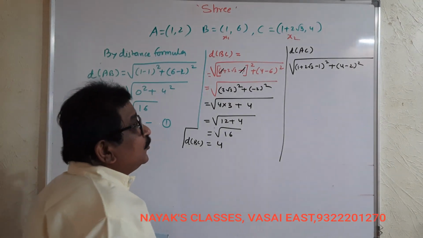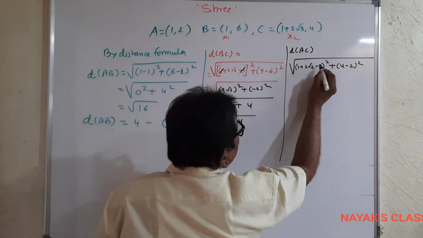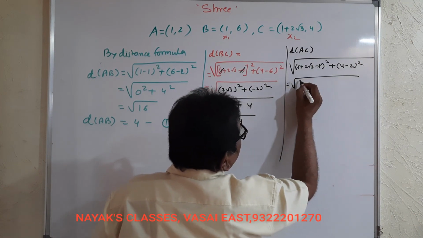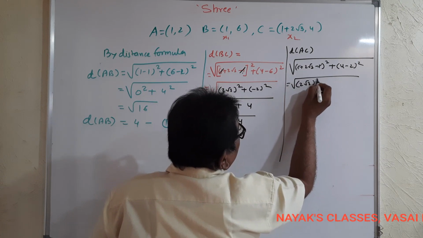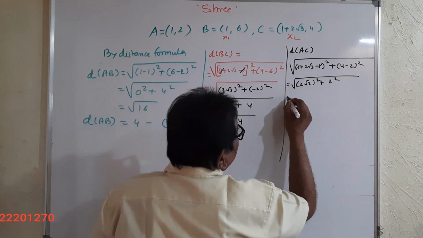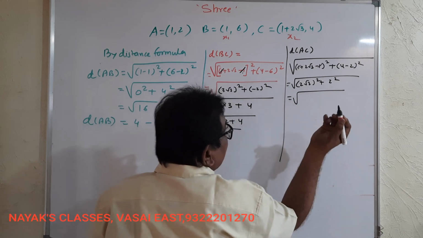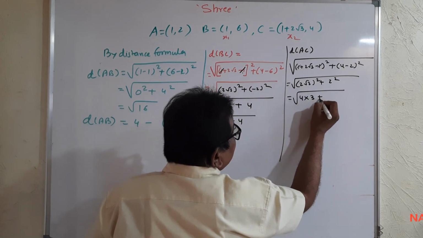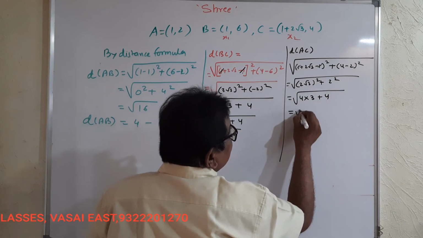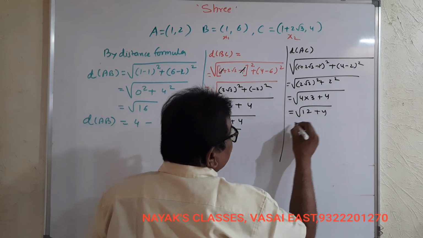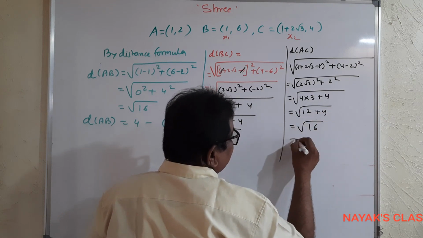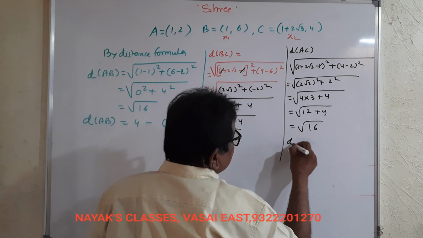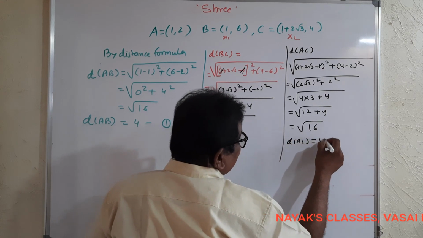These two will get cancelled. Under root (2 root 3) the whole square plus 2 square, which is 4 into 3 plus 4, which is 12 plus 4, which is root 16, which is equal to 4. So distance AC is equal to 4.